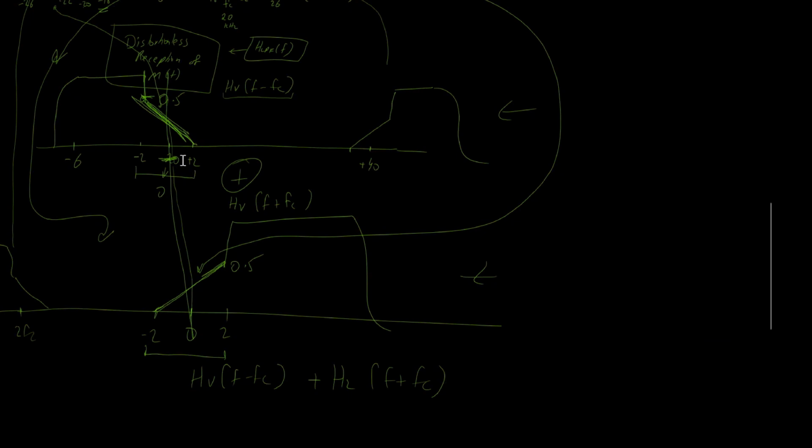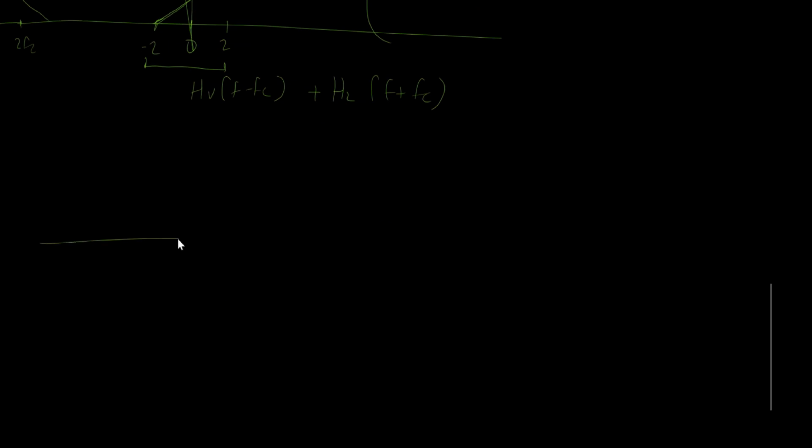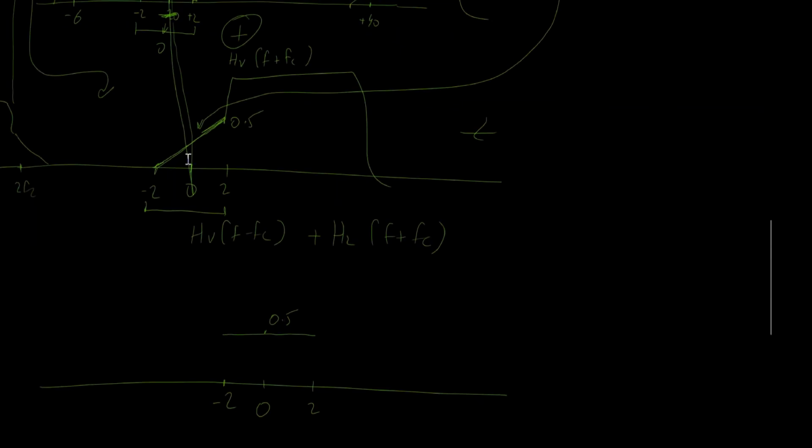So now if we add these two together, we would have a shape which has a consistent value of 0.5 from minus 2 to 2, and after that we have a value of 1 from 2 until 6. We have a value of 1, and then on the left side of the spectrum until minus 6 we have a value of 1 again, and then it will drop down.